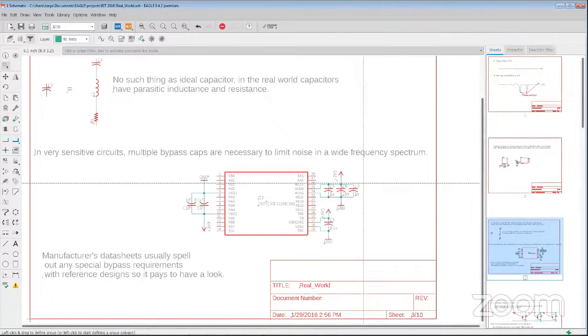When in doubt, the rule of thumb is the 0.1 microfarad capacitor, but always refer to the datasheet in case there's a more specific decoupling recommendation. And again, as your circuits work with higher frequencies, the more decoupling you're going to need, because you need to make sure that the voltage rail is clean across all the frequencies that may affect your circuit.